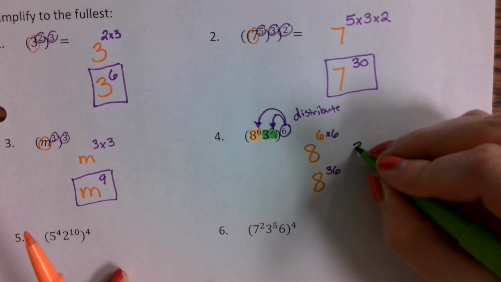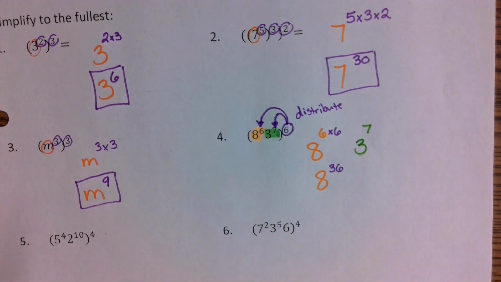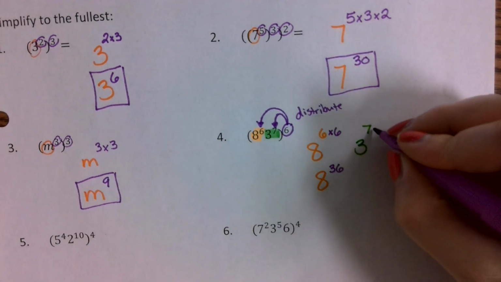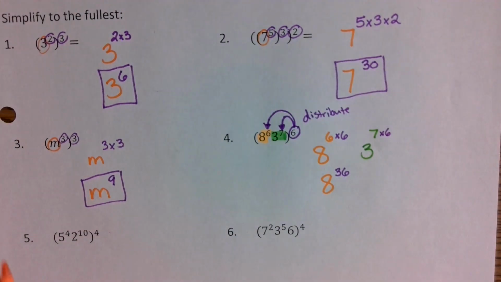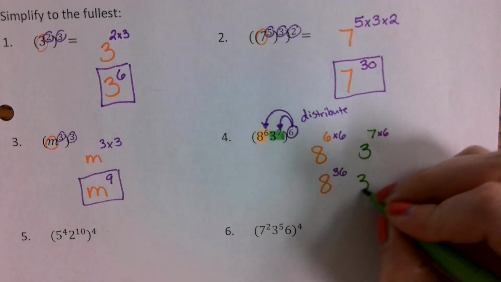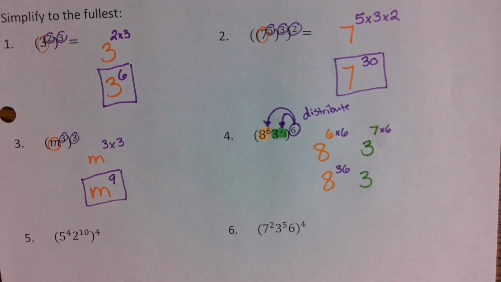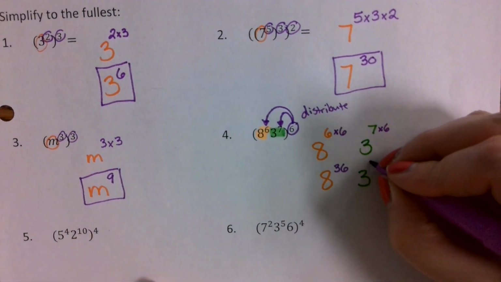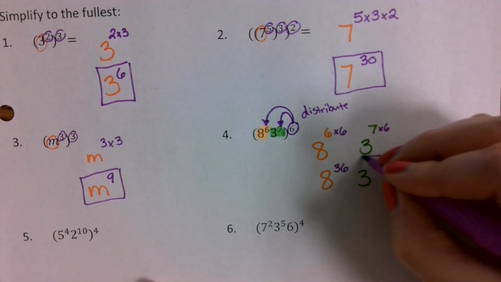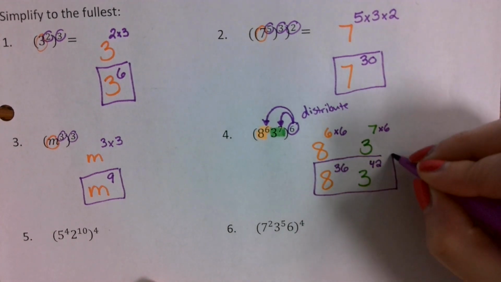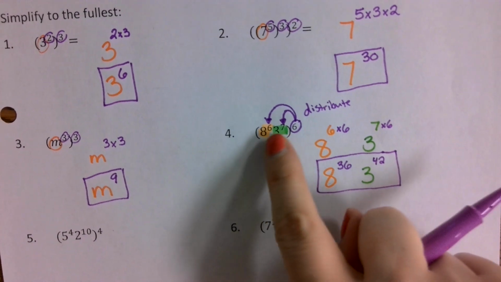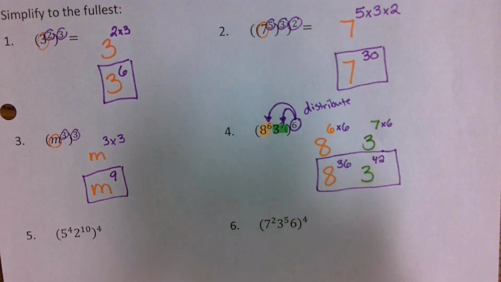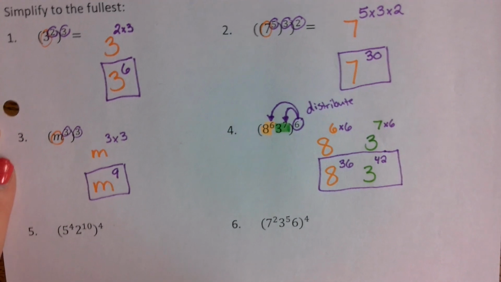I'm going to take the 3 to the 7th, and I'm also going to multiply the exponent by 6. And that will give me 3 to the 42nd power. And there's my final answer. I don't multiply these powers together because they are not of the same base. Remember, it has to be a single base.